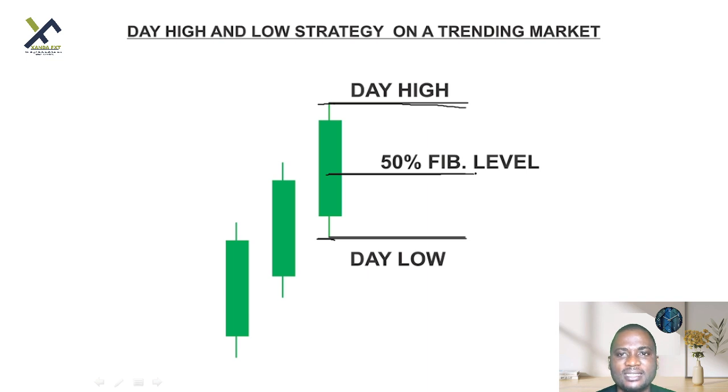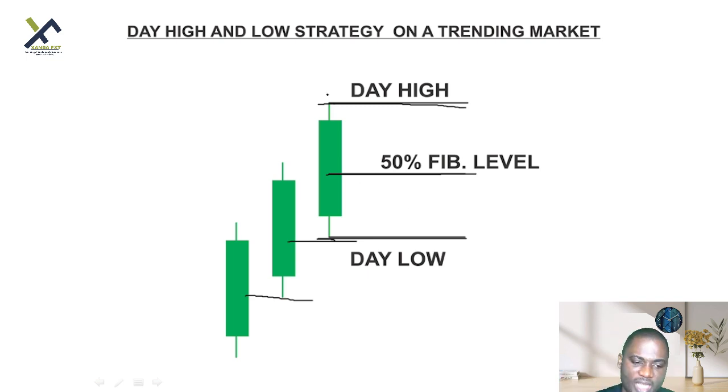Once I've marked this out, it will give me a clue. If you look at this, you notice that most of the time, this one started from the 50% of this, and this started from the 50% of this. So it gives me the mindset that the next candle might start from the 50% level of the Fibonacci, now upward.